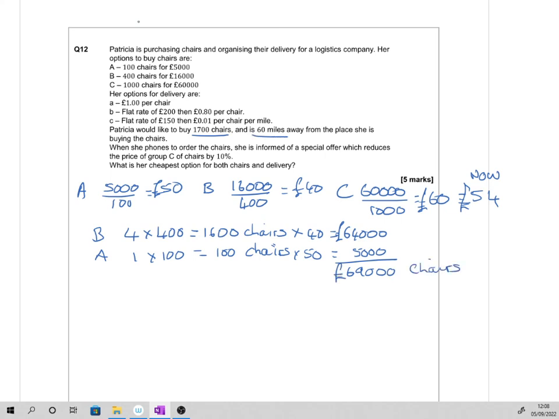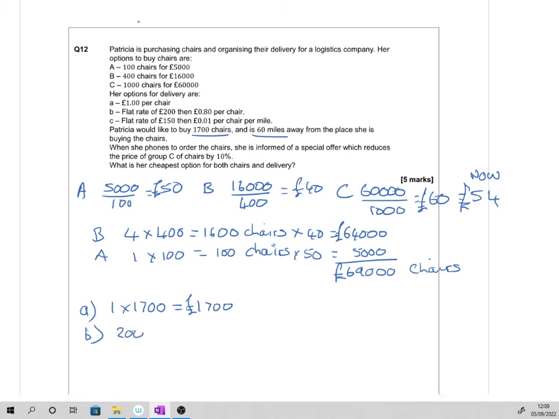Now, 60 miles away. Her options are £1 a chair, so option A is she's buying 1,700, so 1 times 1,700 equals £1,700. Option B, flat rate of 200, then 80p a chair.